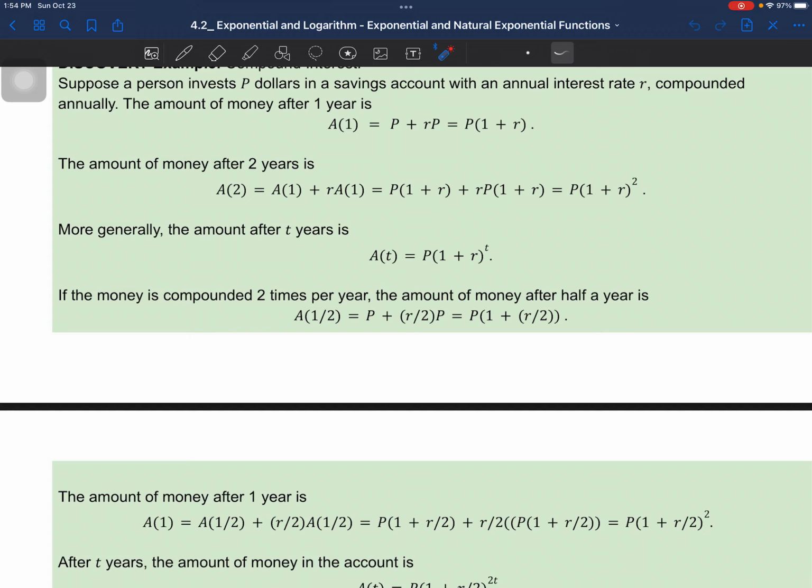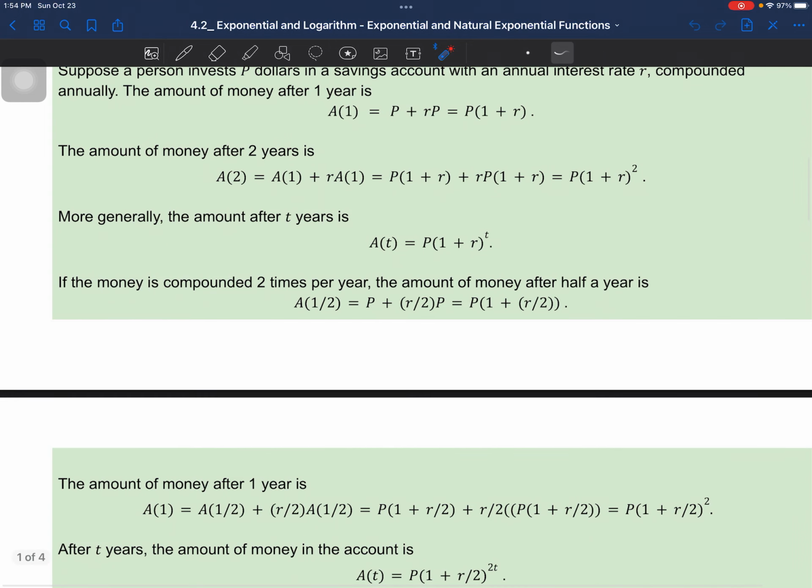And that's gonna be the first time your interest rate will be applied. But you don't have to wait a whole year. You can just do it half a year for this amount to be applied.